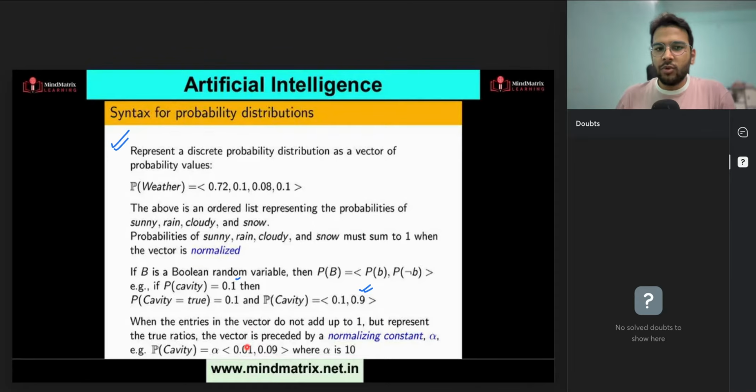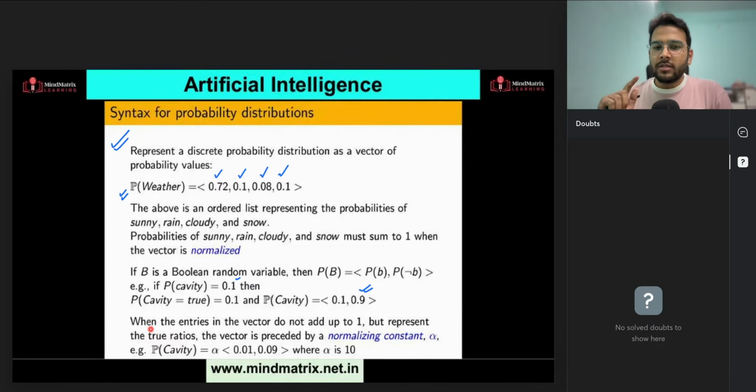In the case of weather also, if I say the probability of weather being sunny is 0.72, probability of weather being rainy is 0.1, similarly cloudy and snowy, if you add all these up, that will equal 1, right? That means whatever possible values you can have for the random variable, if you add all of them, the sum will be equal to 1. This is a very important thing, because we will use this concept in some time.